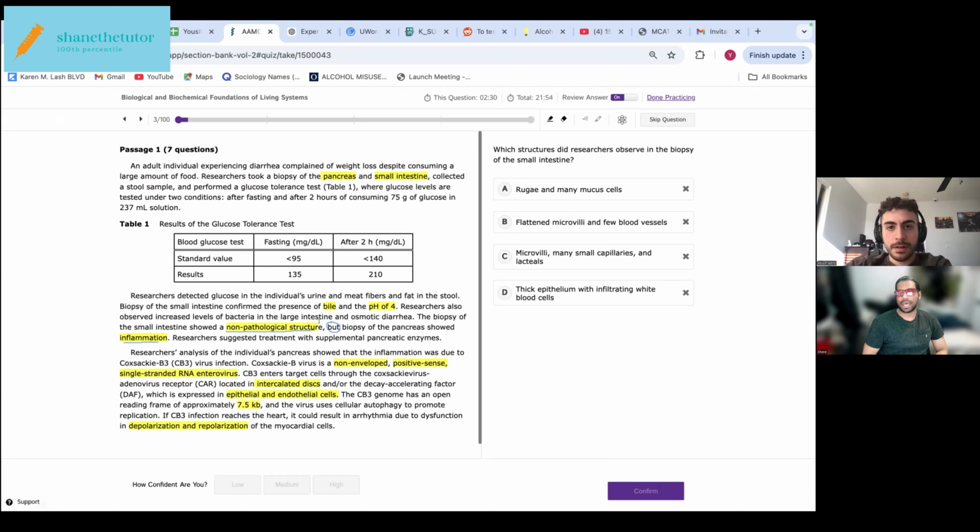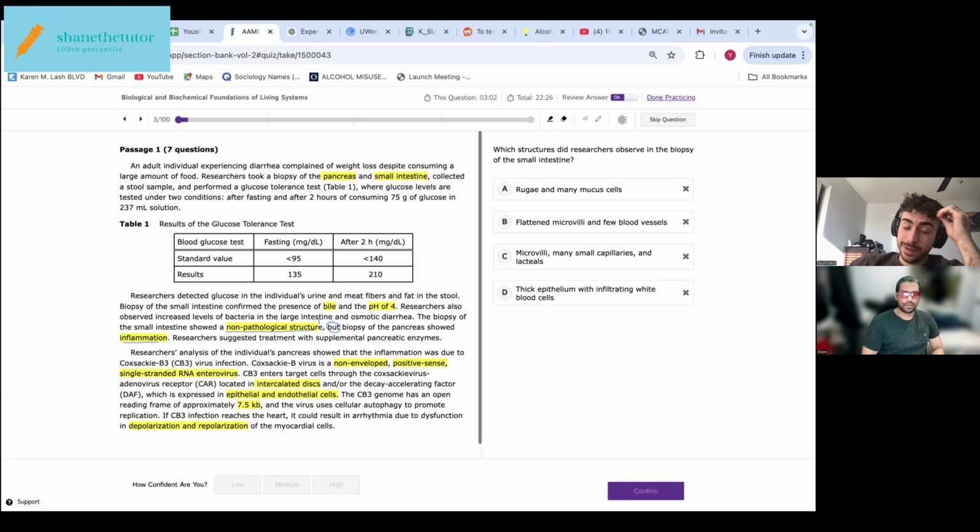It means it's bad. So if pathological means bad, non-pathological means this is normal. Because if it was pathological, they would tell us it has some type of problem, like for the pancreas, it's inflammation.